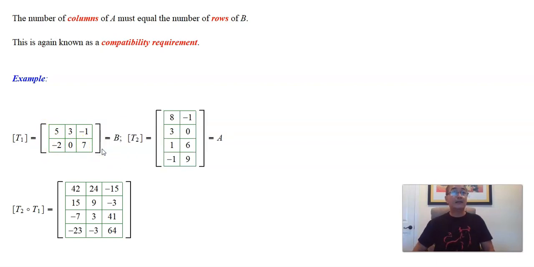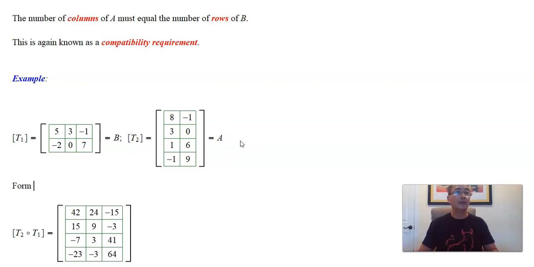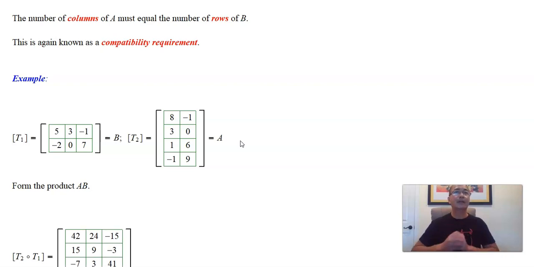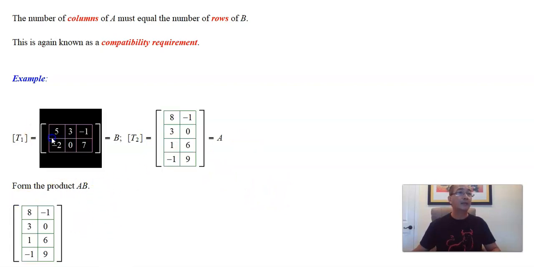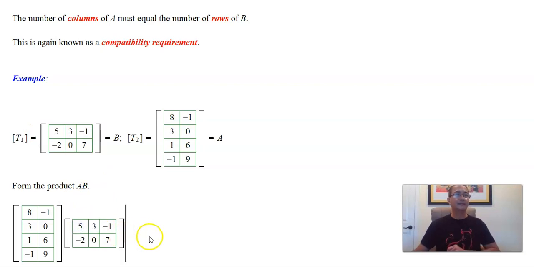So that is the correct assignment. This is our A, this is our B. So we will form the product A times B. Let's copy A down here, and let's copy B over here.